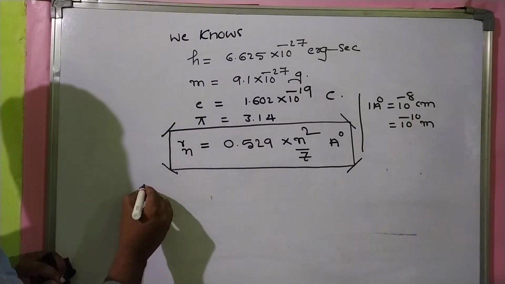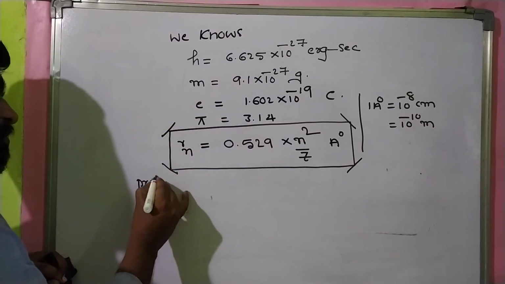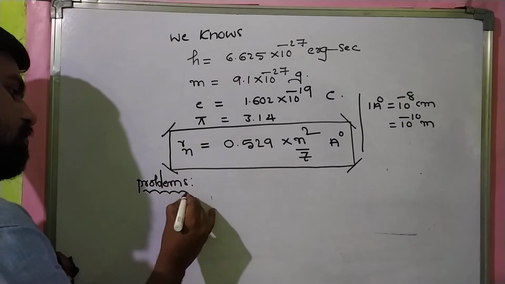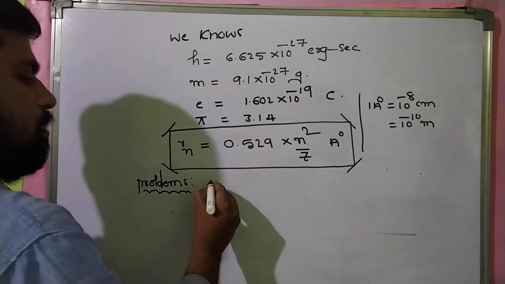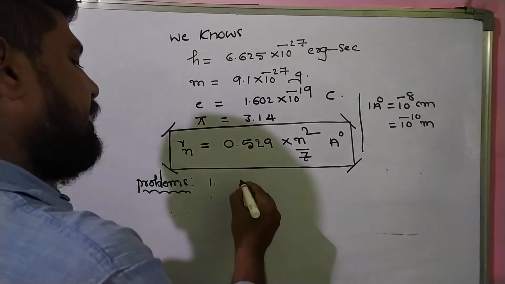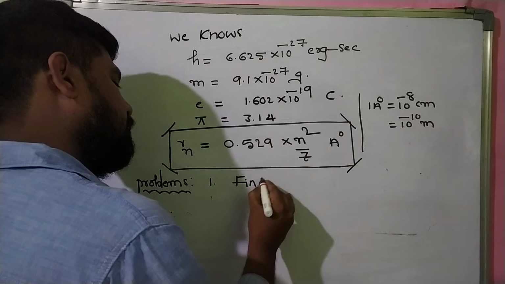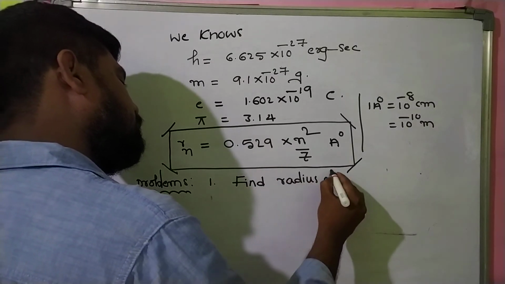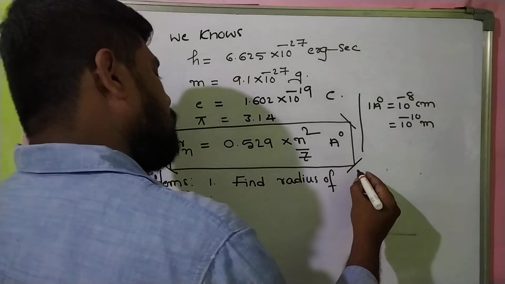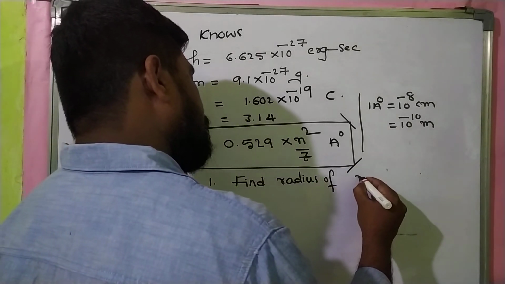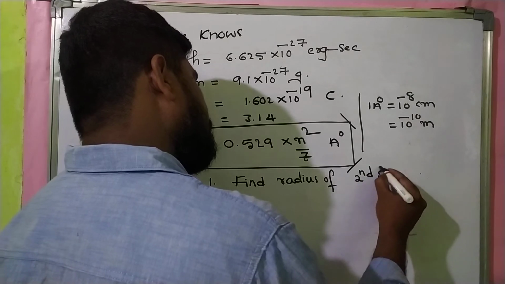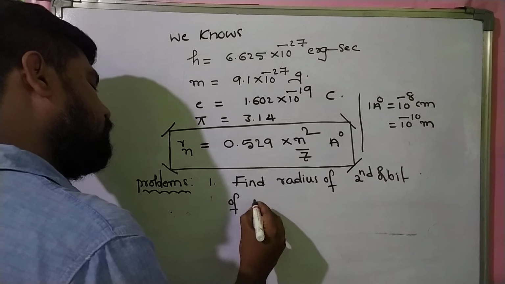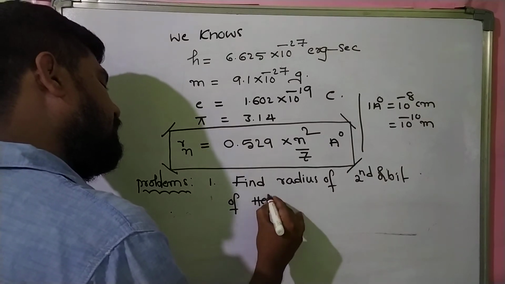Now problems. Find the radius of second orbit of helium plus.